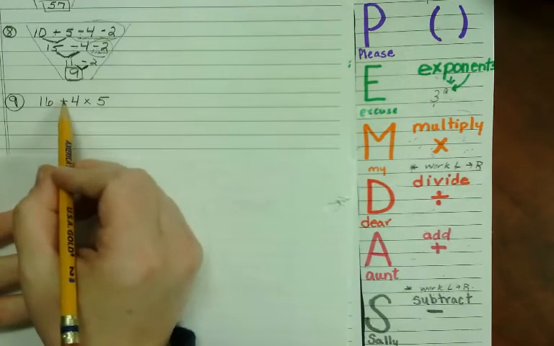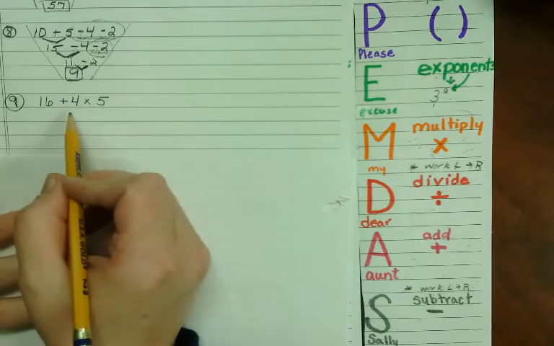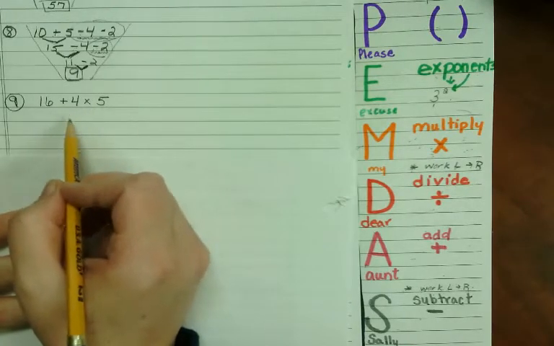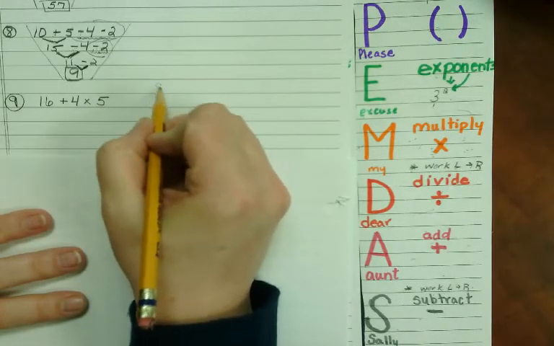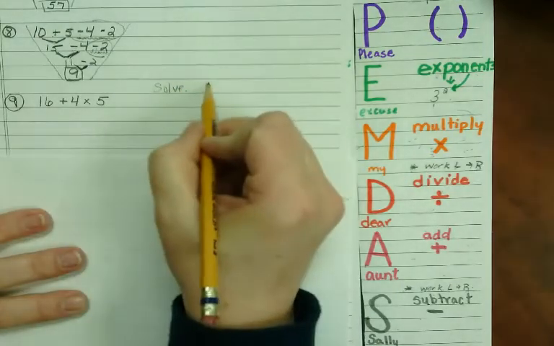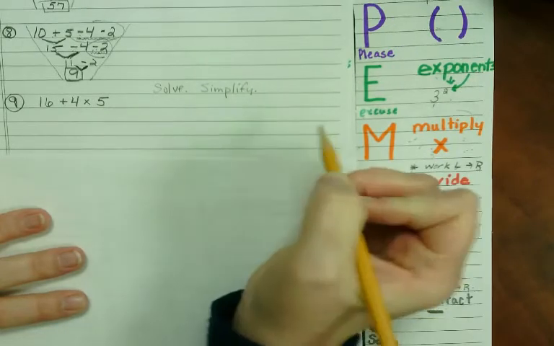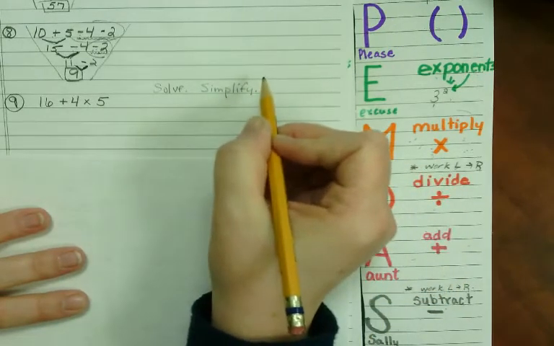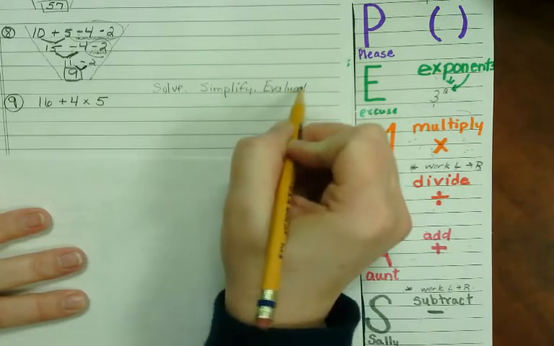Okay, so we're simplifying this. So if you were to see a worksheet maybe a month from now and it had review on it, the directions might say solve. The directions might say simplify. They could say evaluate. Evaluate, that's a big word.